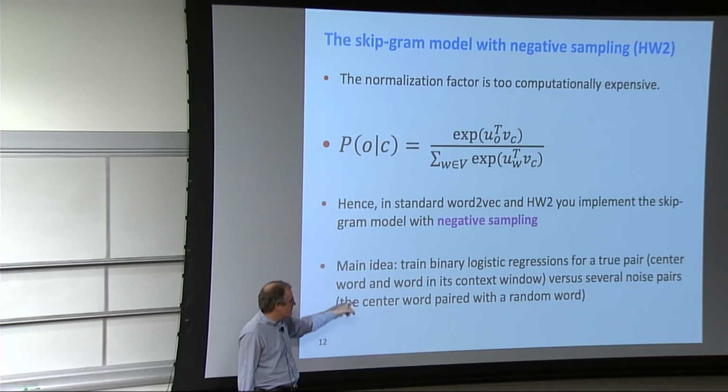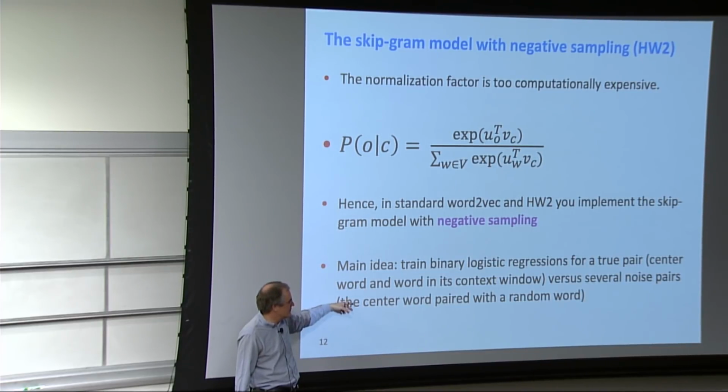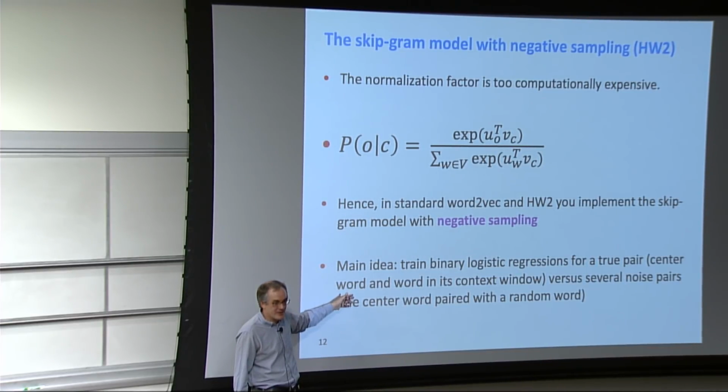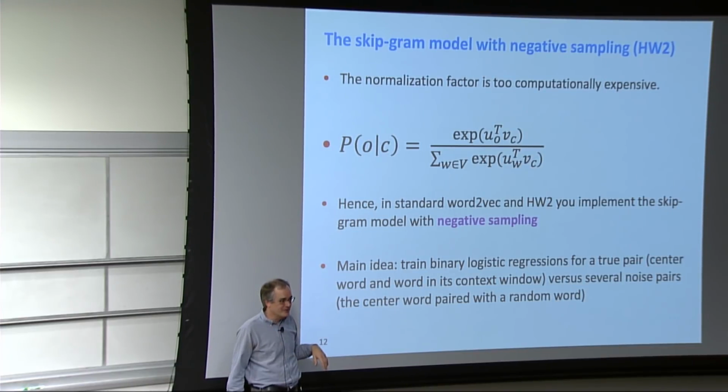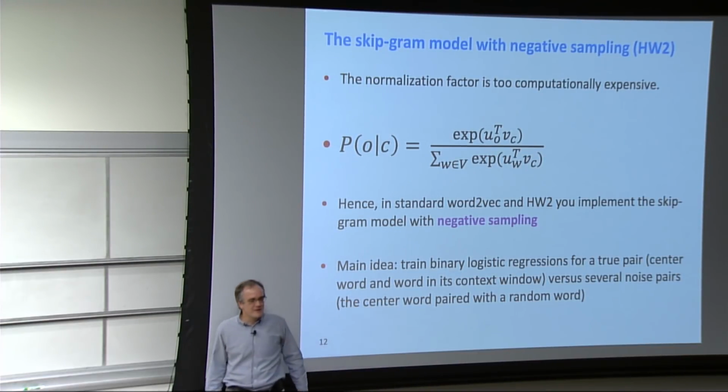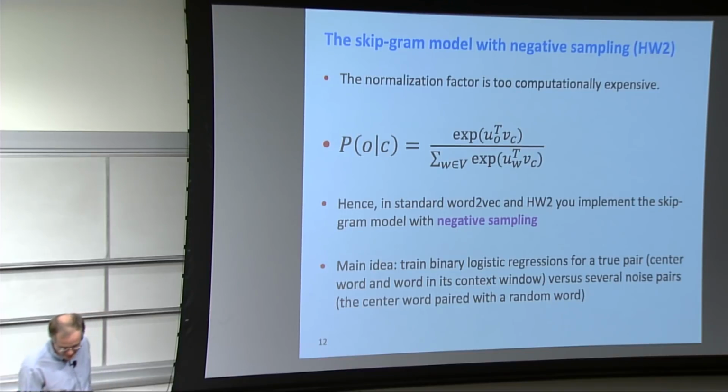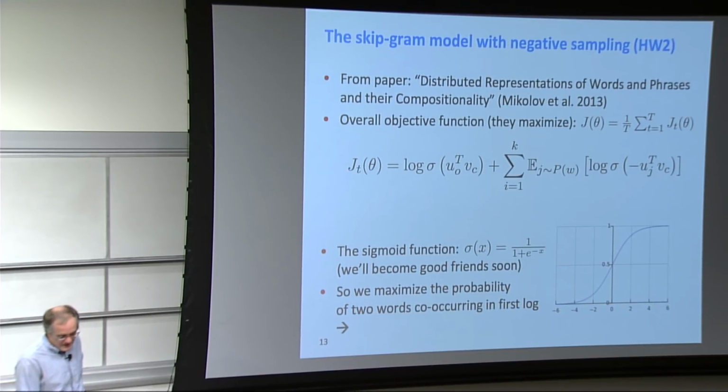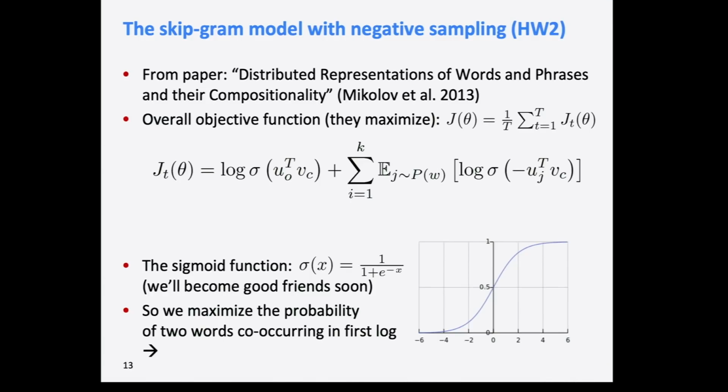Then we randomly sample a bunch of other words, the negative samples, and say they weren't the ones that were actually seen, so you should try to give them as low a probability as possible. The notation they use in the paper is slightly different to the one I've used. They actually do maximization, not minimization, and that's their equation, which I'll come back to.